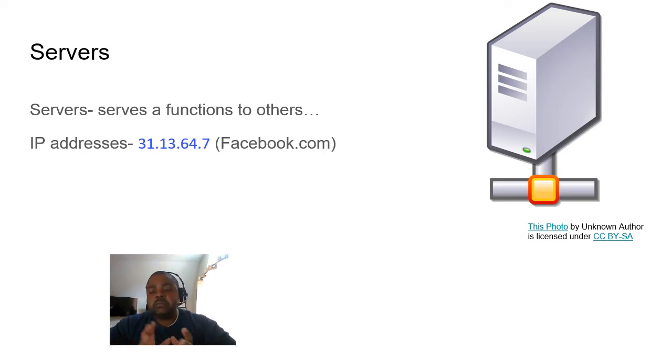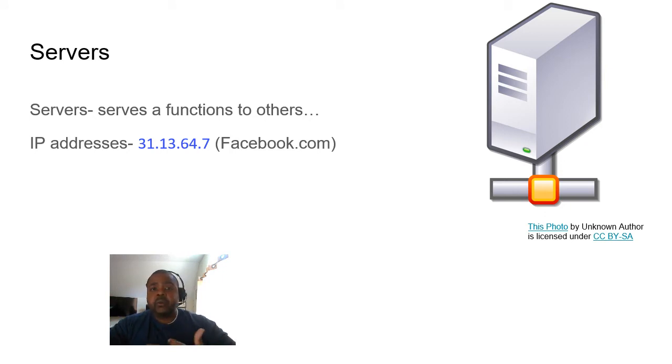But that's no more than what a server really is. I also, under this topic, wanted to dive into IP addresses. The way devices talk to each other is through IP addresses. Whenever you're connected to a network, you're assigned an IP address, and it typically looks like what you see here, 31.13.64.7.